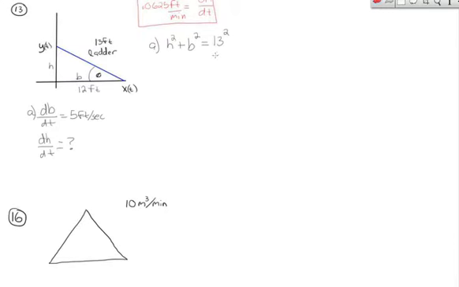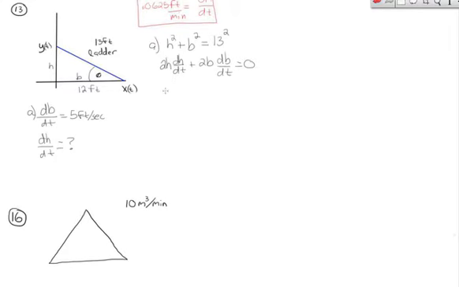So now we want to find information about h and b, and we have an equation that just has h and b. So if I take the derivative, 2h dH dt plus 2b dB dt equals 0.